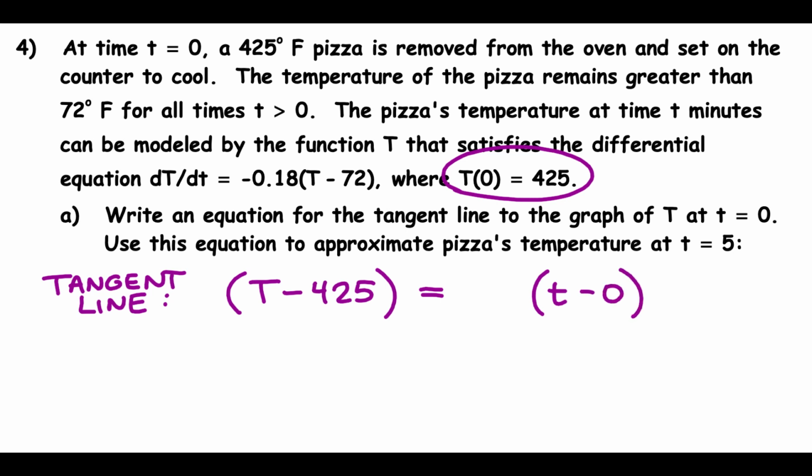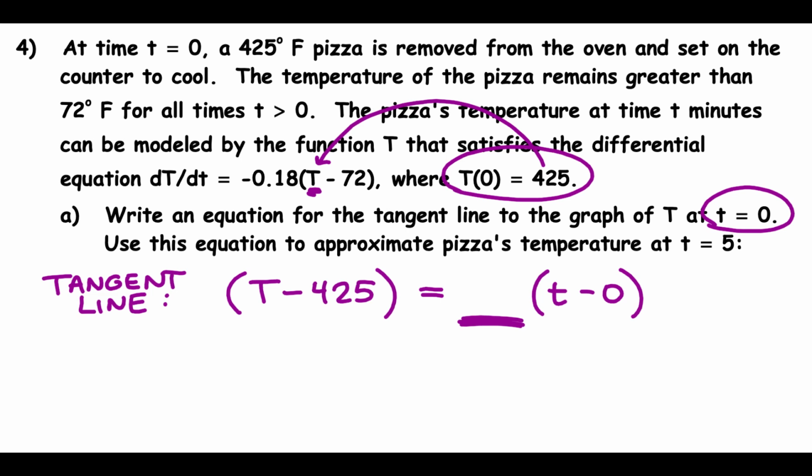And again, the slope, or the rate of change, is going to go in the middle, and that's the derivative. To figure that out, I have to say, all right, time is 0. If time is 0, then this capital T for temperature is going to be 425. So 425 goes in there.